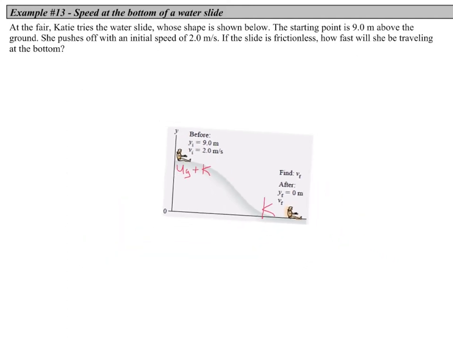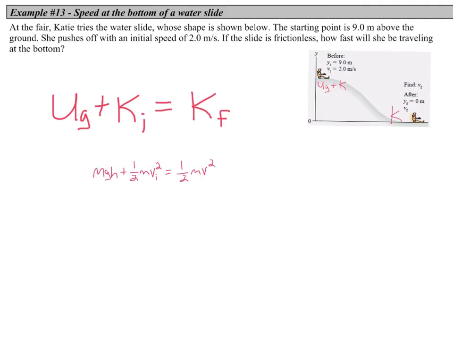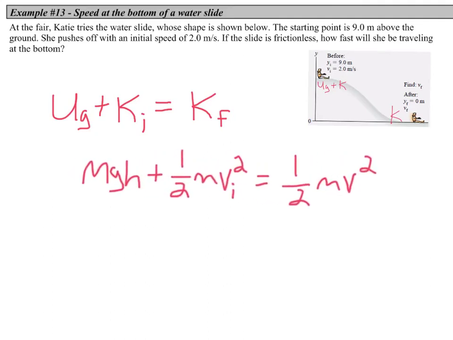Due to the law of conservation of energy, we can equate the energies at those two positions. The gravitational potential energy plus the kinetic energy she starts with is going to equal all of the kinetic energy she ends with. When we're working with our expressions for each of those types of energy, we notice right away that we've got this mass involved.